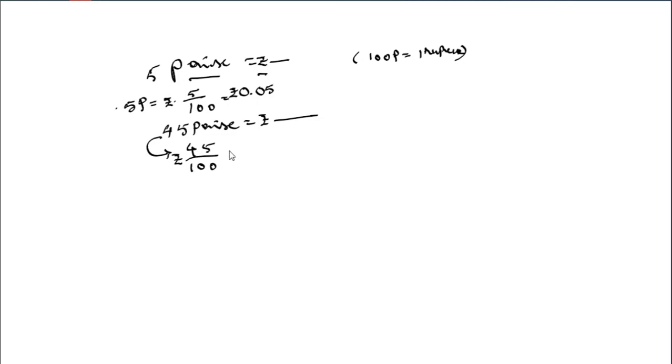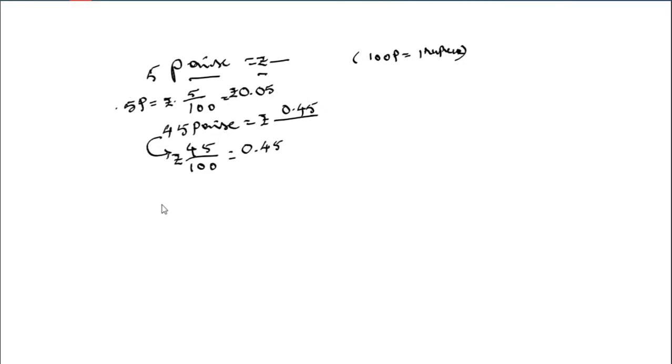Write the numerator as it is. In the denominator 2 zeros are there, so count 2 digits from the right-hand side and put the decimal point: 1, 2, put point. Therefore, 45 paisa is equal to 0.45 rupees. This is the conversion of money.